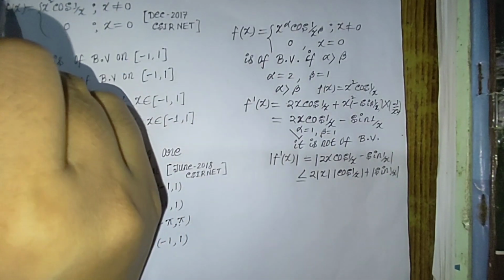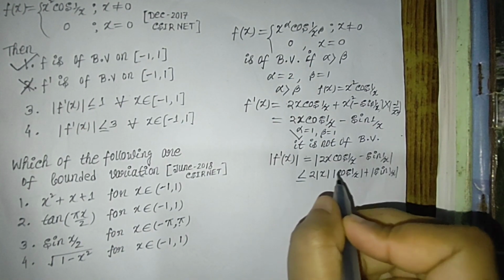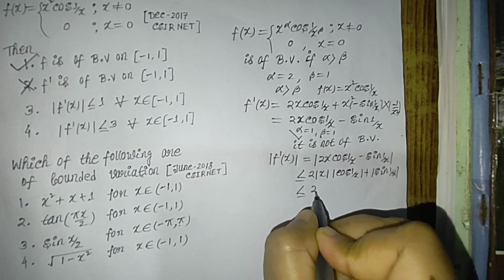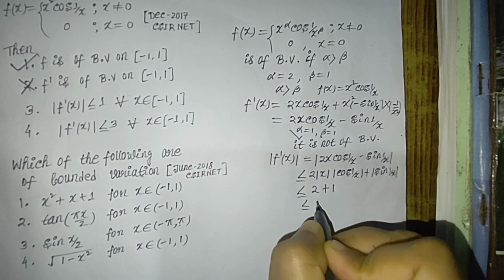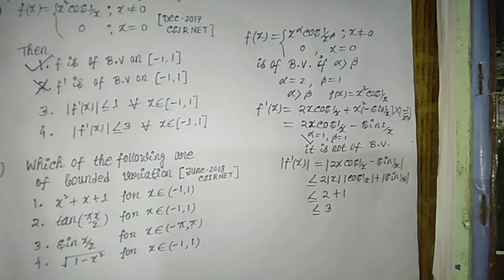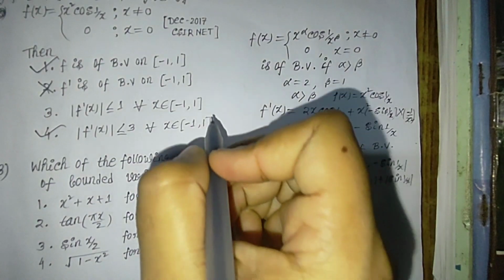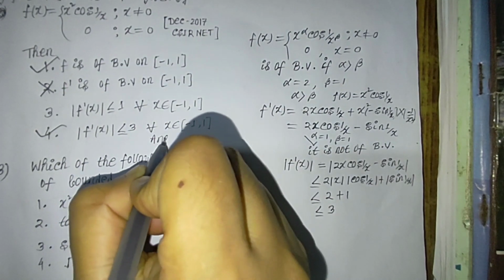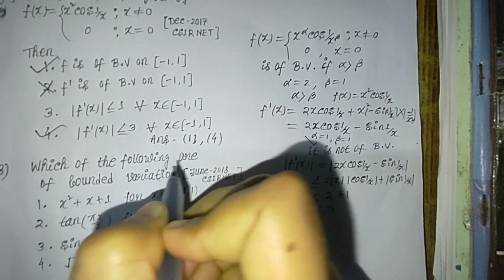Here given that x belongs to minus 1 to 1. So mod x less than equal to 1, less than equal to 2 into 1 plus 1, less than equal to 3. So mod f dash x less than equal to 3. So option 4 is correct. So answer is option 1 and 4.